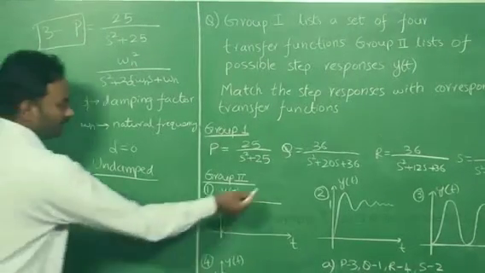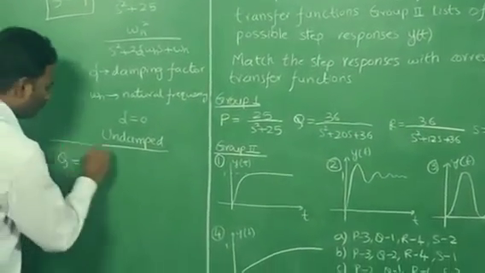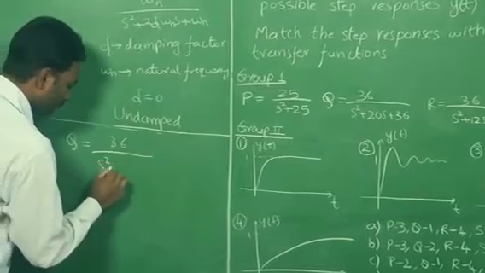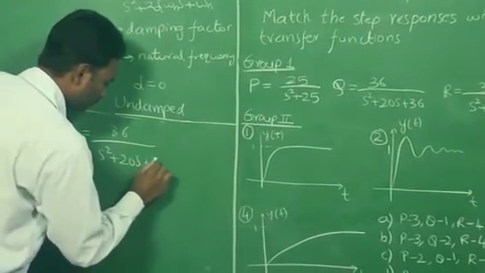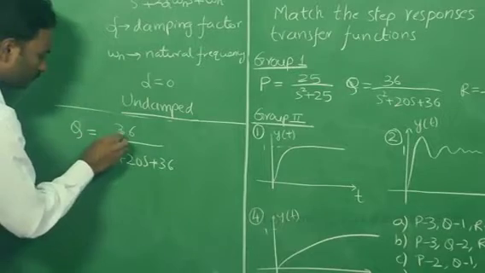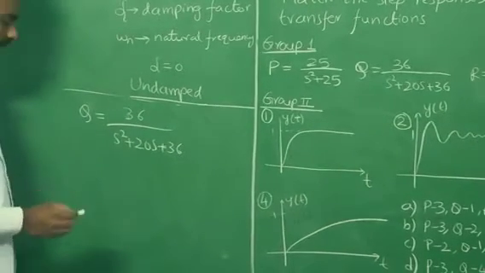Next, let us take the transfer function Q. We got Q is equal to 36 divided by s square plus 20s plus 36.